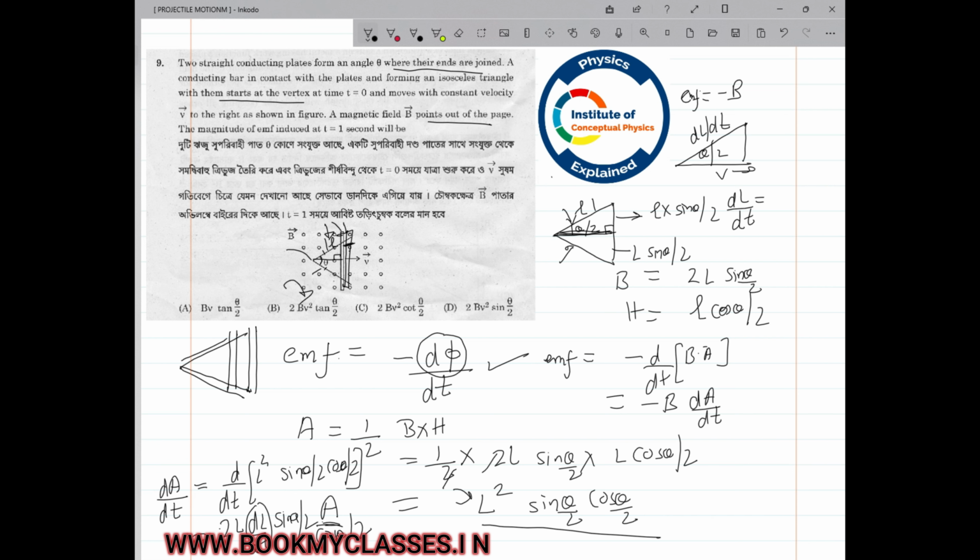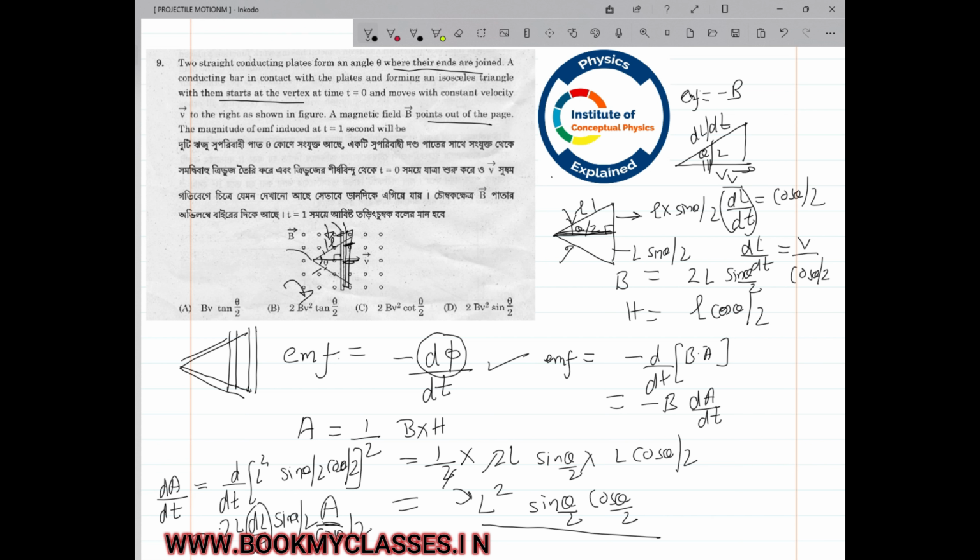This is your base, by the way, the velocity with which this particular rod is moving. So base upon hypotenuse, I will write v upon the hypotenuse is equal to cos theta by 2, right? So dL by dt actually becomes v upon cos theta by 2, right?